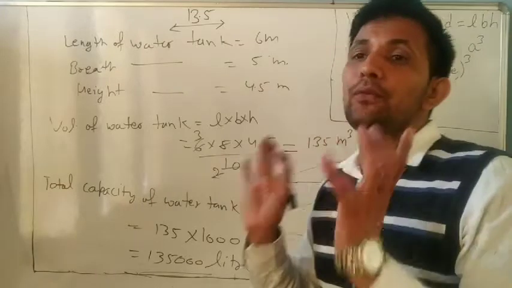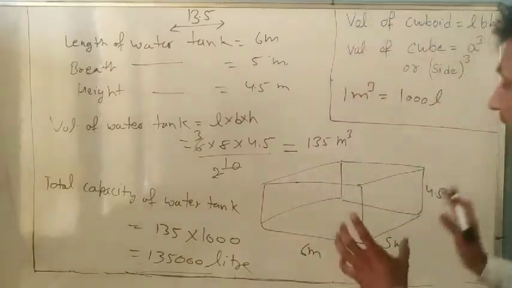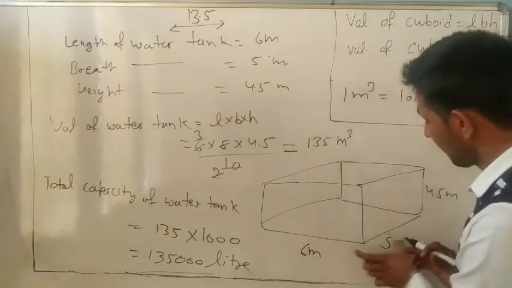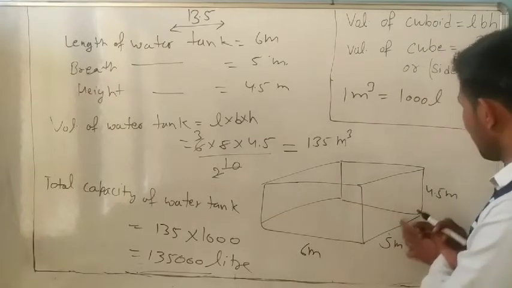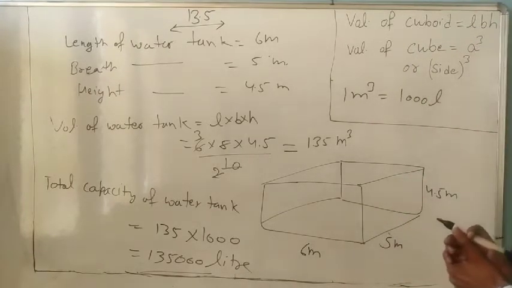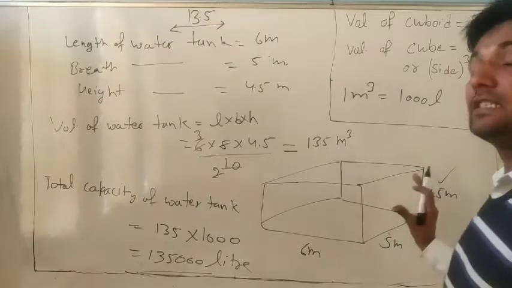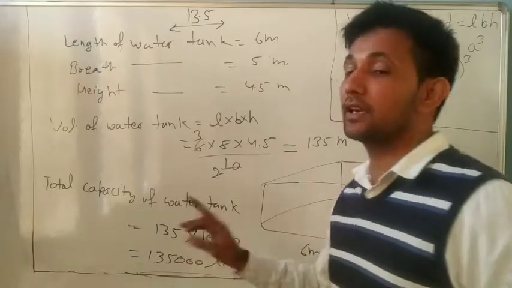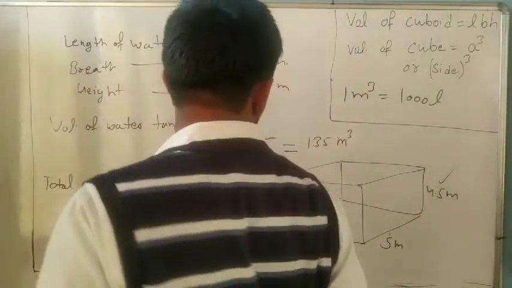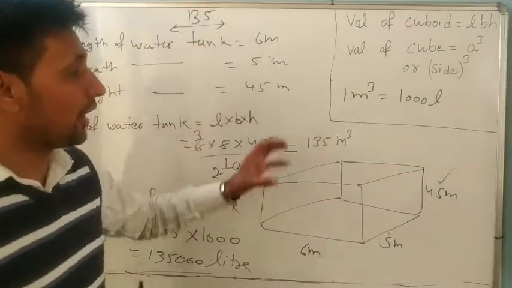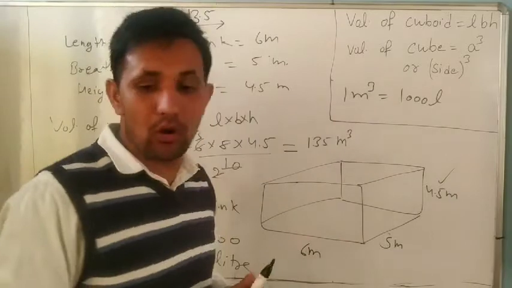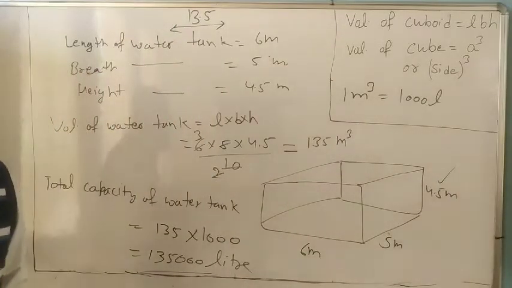It means if in your home a tank has 6 meter length, 5 meter breadth and 4.5 meter height, or depth, it can hold 1,35,000 liter. How much water it can hold is called the volume. Okay, so do this one yourself.